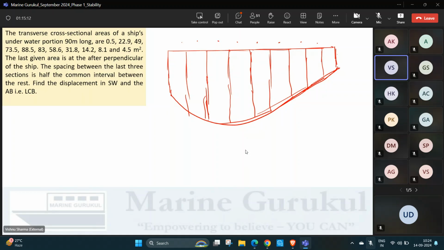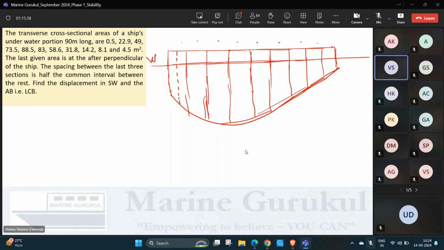And then between 4.5 and this, there is a half station. Now these lines represent the full cross-sectional area, right? But what is given to us is not the full cross-sectional area, it is the underwater cross-sectional area. So in this diagram, I can superimpose a water line like this.